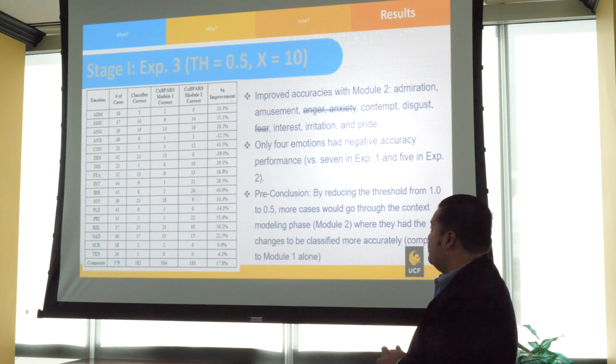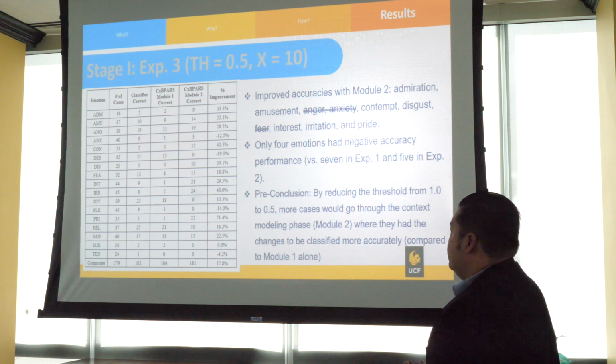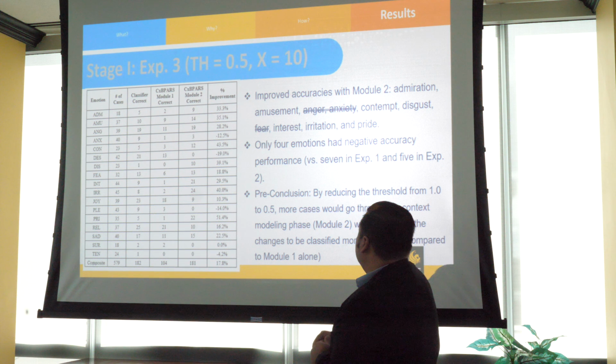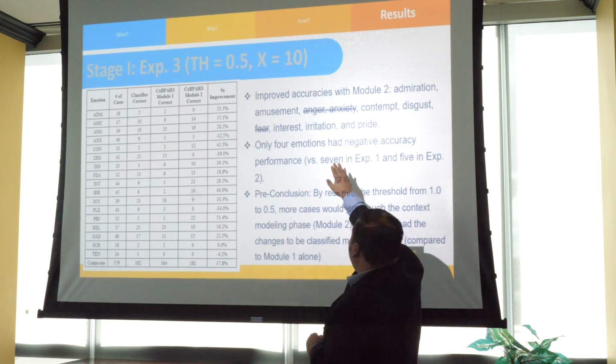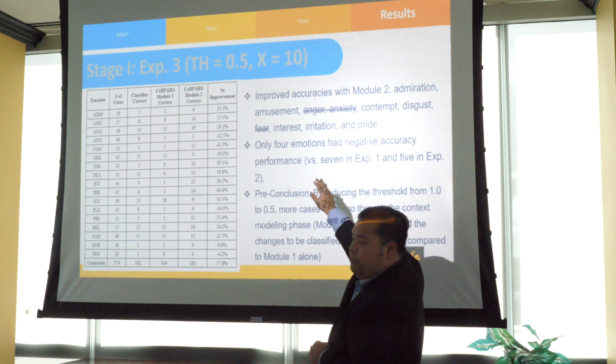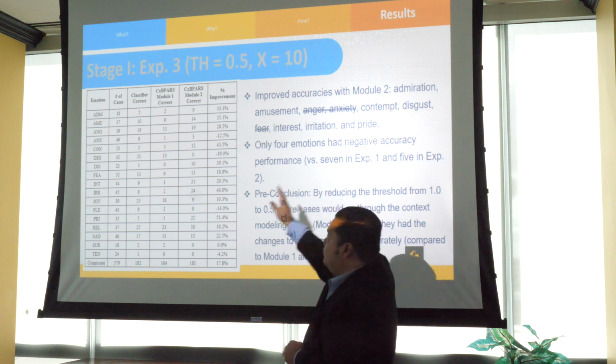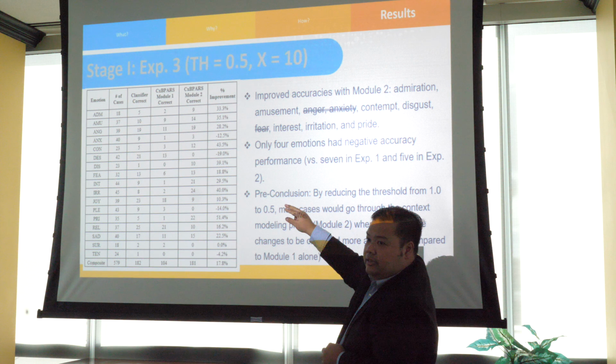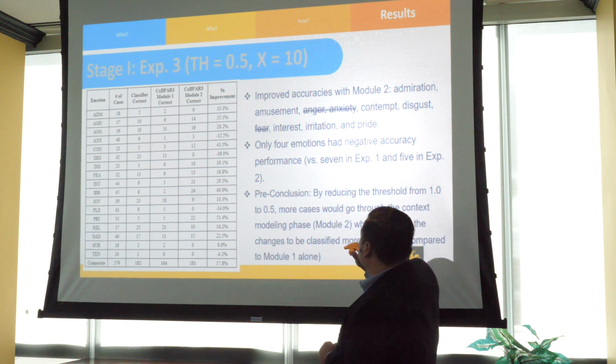Okay, next slide. For the third one, we changed the threshold TH to 0.5 and X to 10. As you could see, more emotions were eliminated if you compare the results from experiment 3 with experiment number 1. The ones eliminated here were the ones that caused problems.